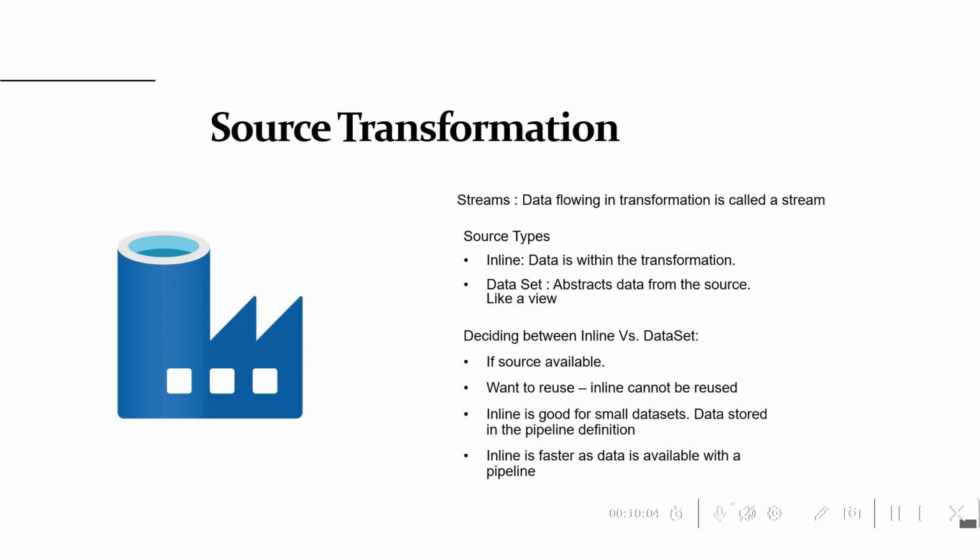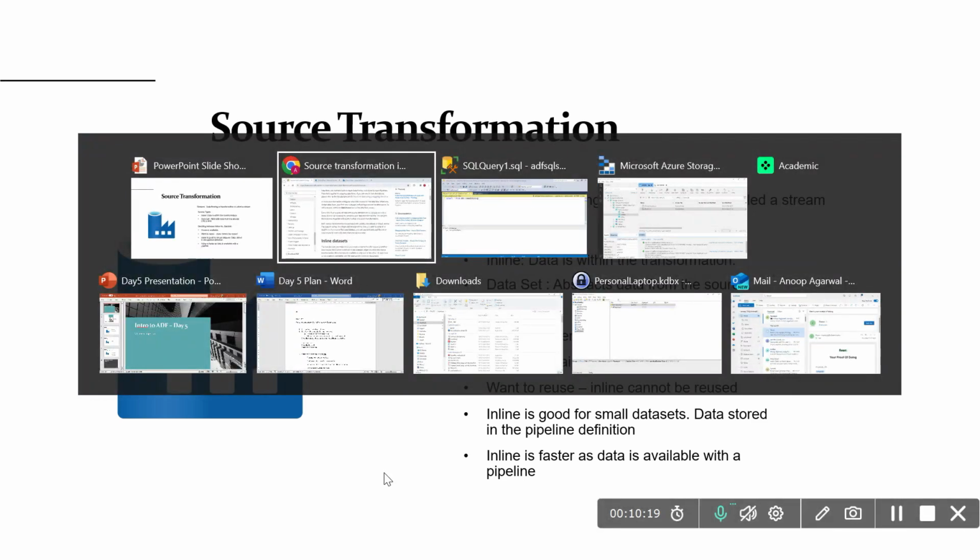Inline is faster because the data lives in your data flow. So that's how we can decide whether I want to use an inline source type or a data set source type. Let me go back to the ADF and continue on the demo.